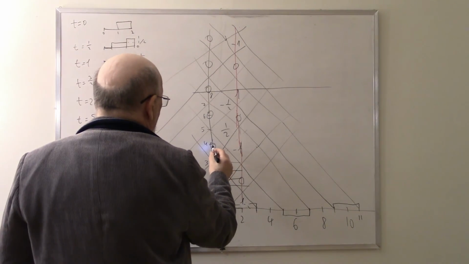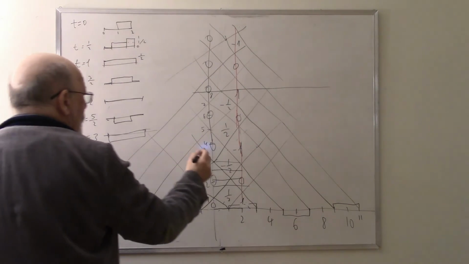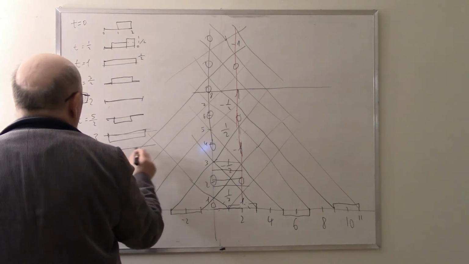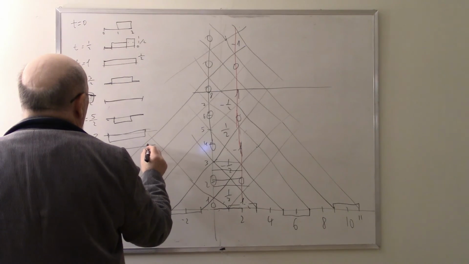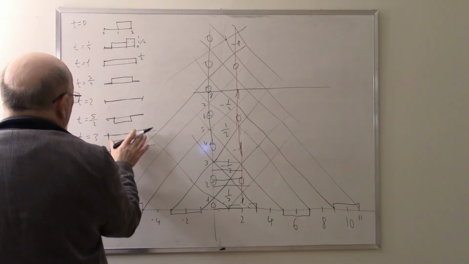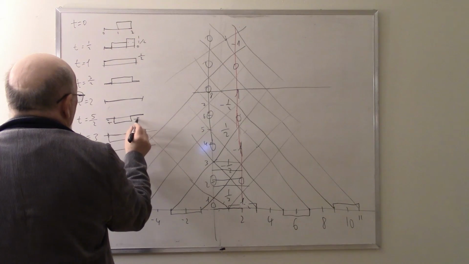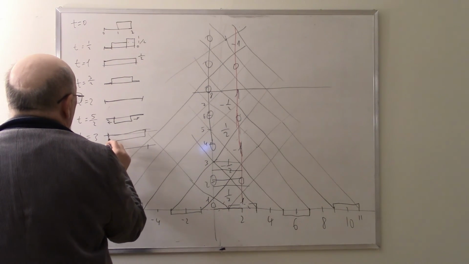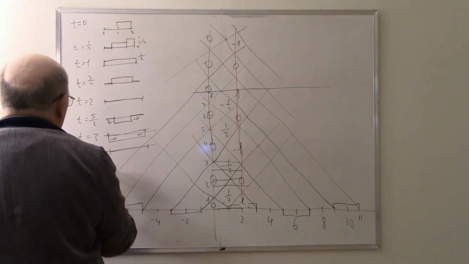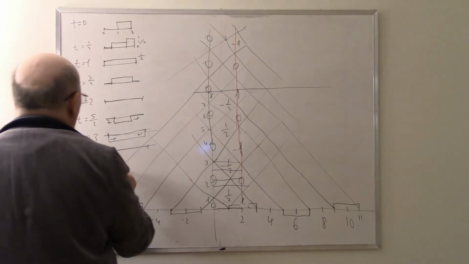T equals 4: it is 0. So from this to this it shrinks. At this stage it expands, then it will shrink, and then we have 0. T equals 5: it is 1/2.